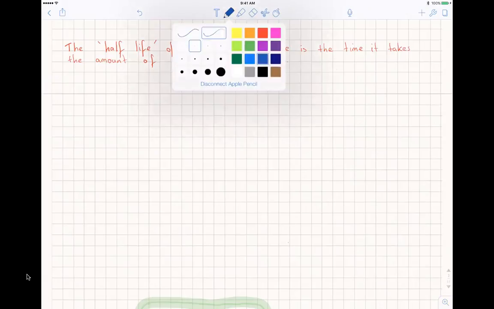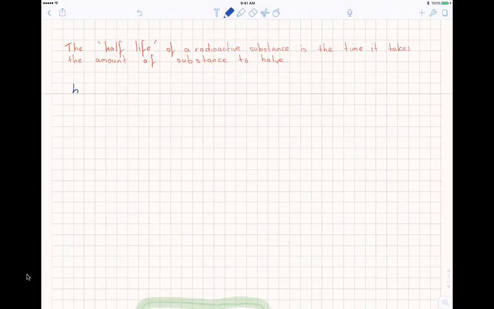So what we're going to do, we're going to write down the information that they've given us. Good habit, if you're using equations and making many substitutions, is just to write a little list of the things we know. So we are given that the half-life equals 300 years.